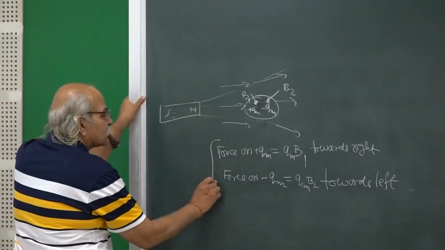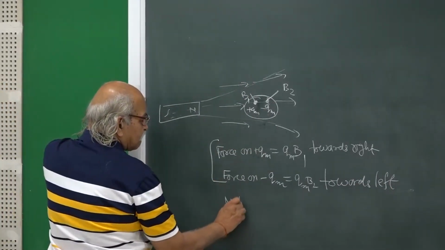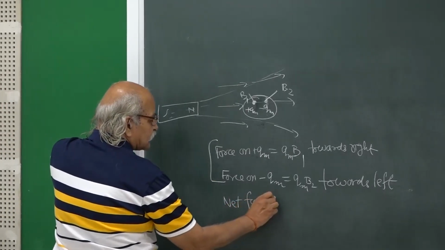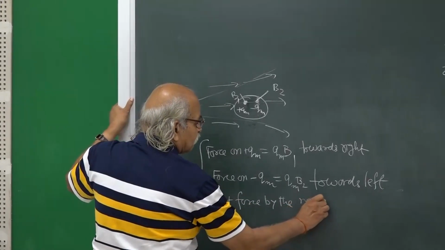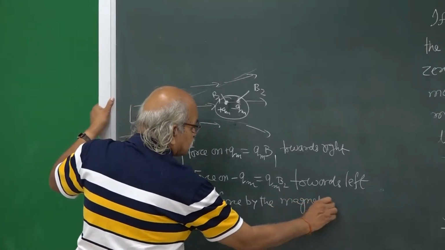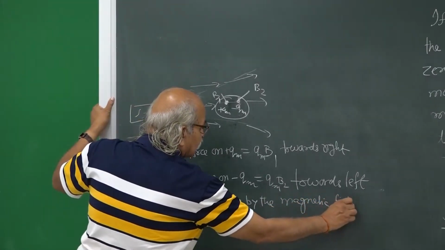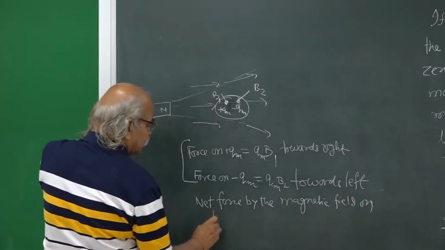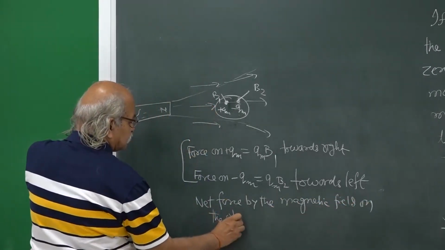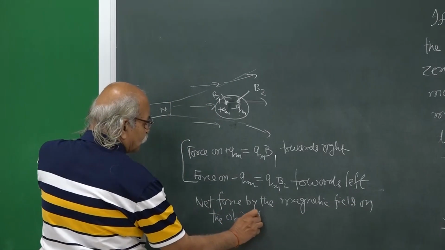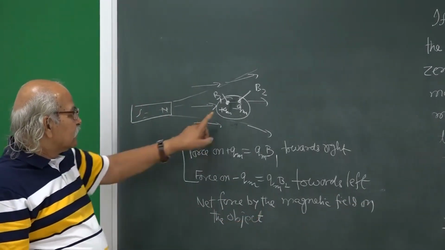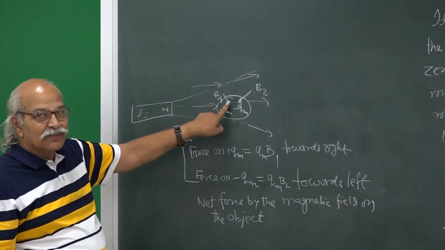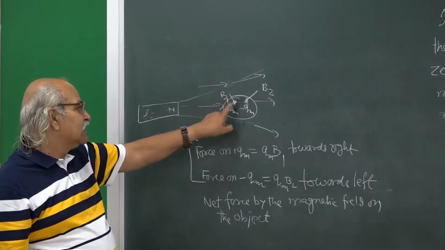What is the net force? Net force by the magnetic field on the object. What will be the direction? I am interested in direction essentially. This is closer to the magnet, so this B1 is larger.